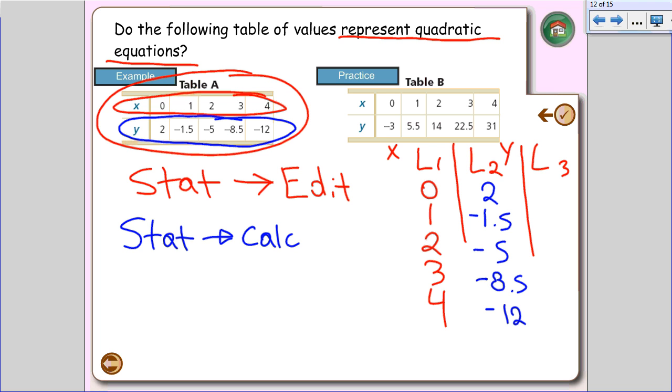Quad reg. Click that button and hit enter. Your calculator should come up and say a whole bunch of things. It says y equals ax squared plus bx plus c. And then it says a equals, b equals, c equals.